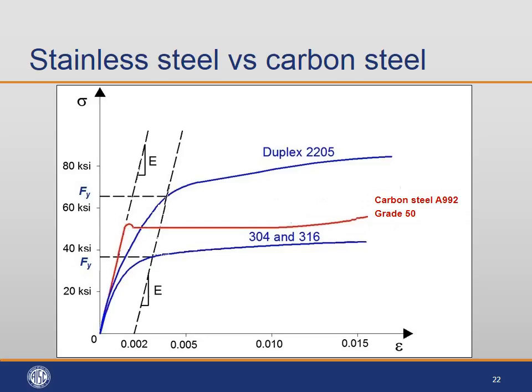So the graph that I'm showing in the stainless steel versus carbon steel slide is not to be used for design. That's actual measured material. And it's quite typical for stainless steel that you get this rather high overstrength. What you get is usually quite a lot stronger than what it says in the codes, in the ASTM for the material, particularly if you're talking about thinner sections.